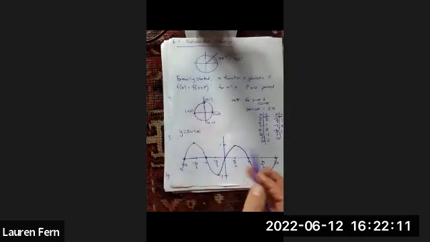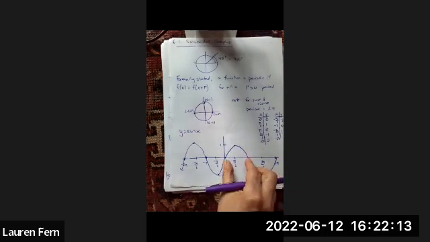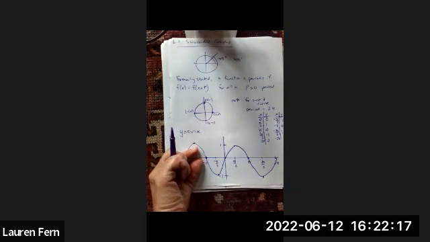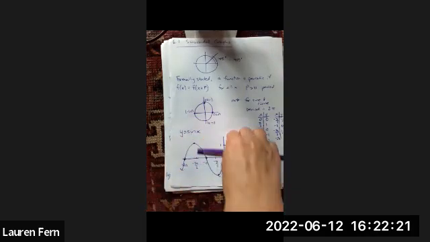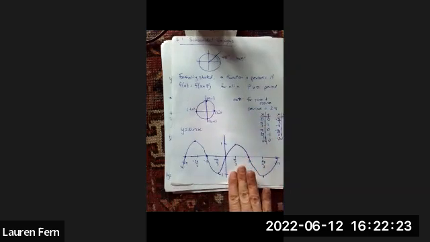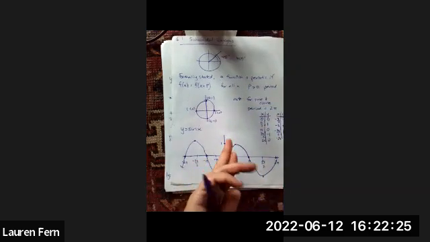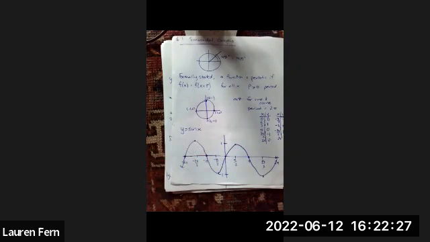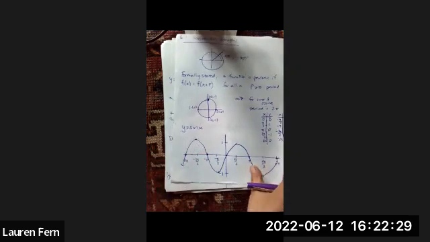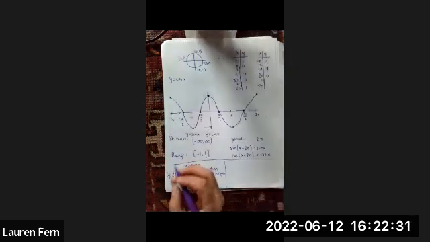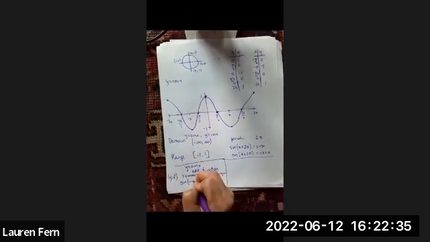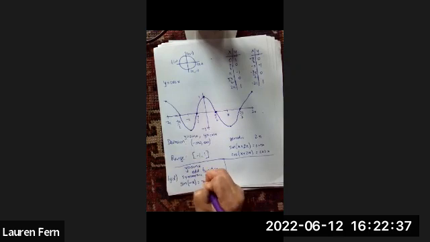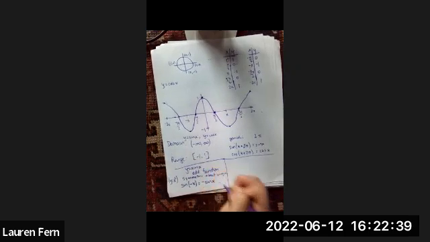So notice that if we were to take our graph of our sine function and first reflect it about the y-axis and then the x-axis, we would have a mirror image. Or similarly, we could have gone about the x-axis and then the y-axis. But the point being that when you have an odd function, one property that you have is that sine of negative x is negative sine of x.